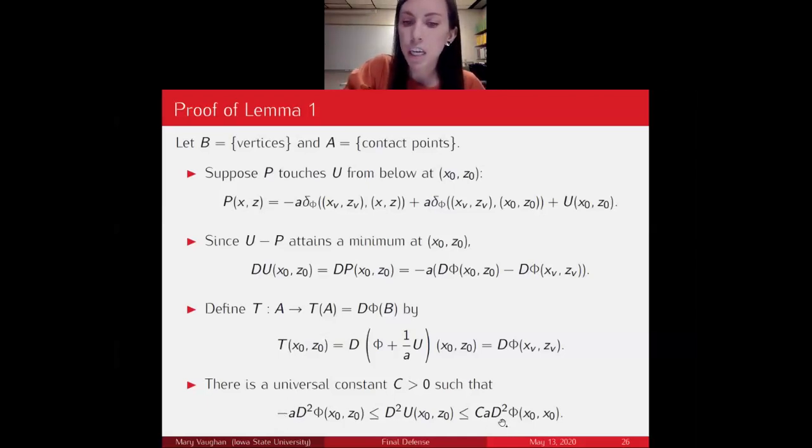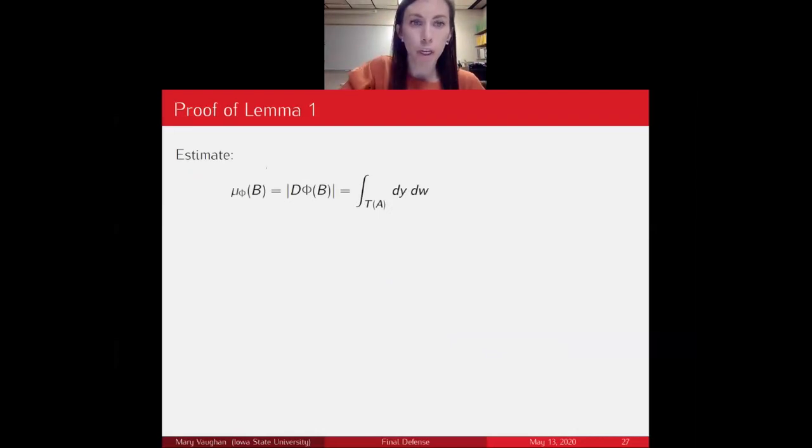On the other end, it's controlled by a universal constant C A, Hessian of phi again. And this inequality comes from the fact that U solves an equation. So with these, we sketch the lemma.